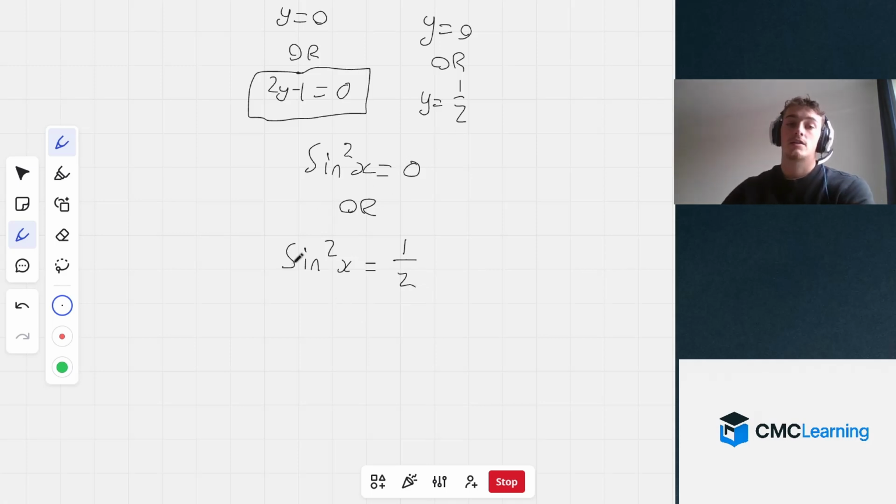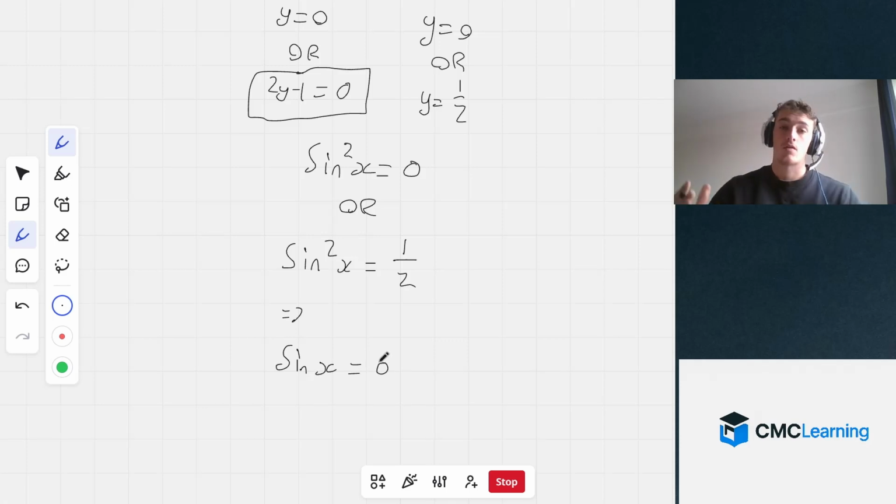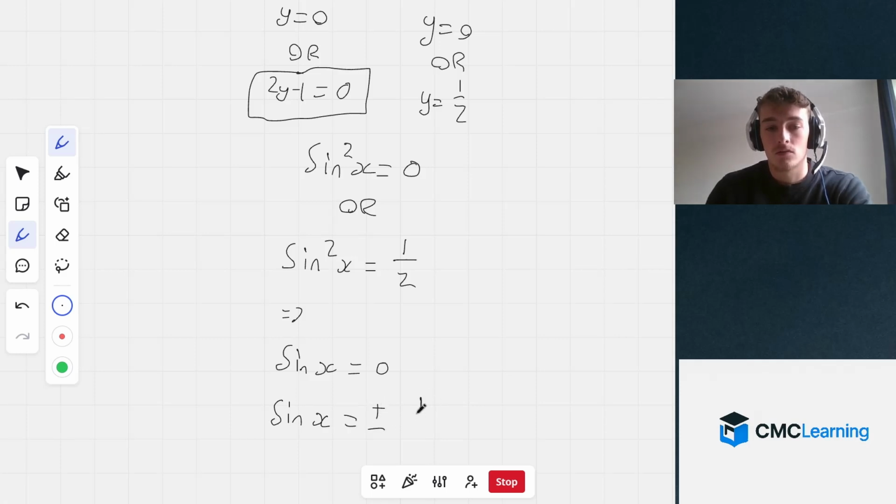Sine squared x equaling 0 just means that sine x equals 0. We're taking the square root of both sides. Sine squared x equaling 1/2, well, we take the square root of both sides, and we get that sine x is equal to plus or minus 1 over root 2. That's just taking the square root of this.